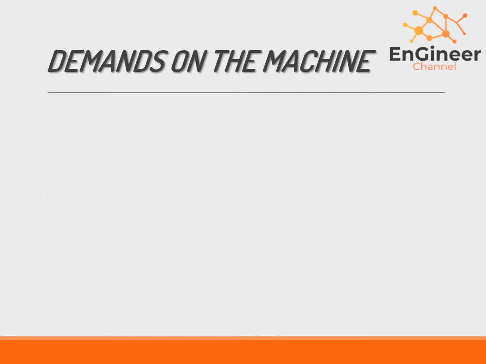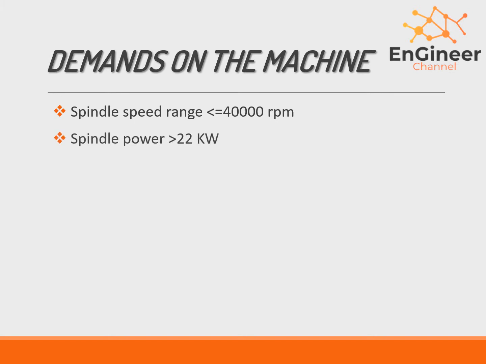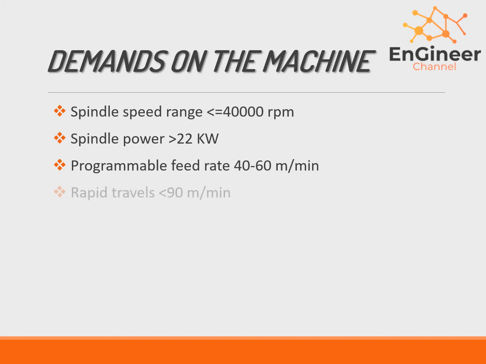Let's see now the demands on the machine. The spindle range is less than 40,000 rpm. The spindle power is more than 2000 kilowatt. The programming feed rate is between 40 and 60 meters per minute.